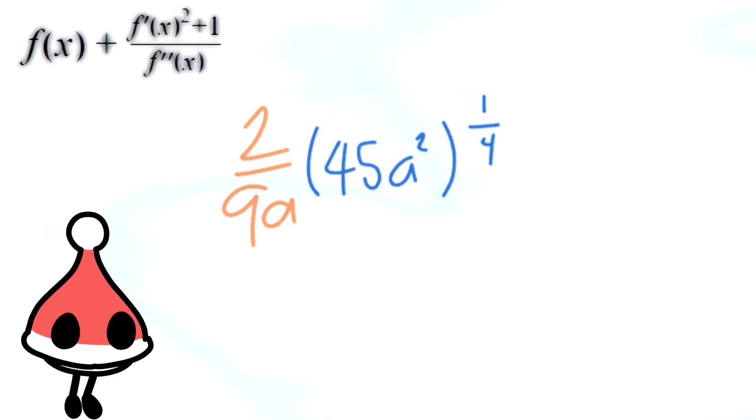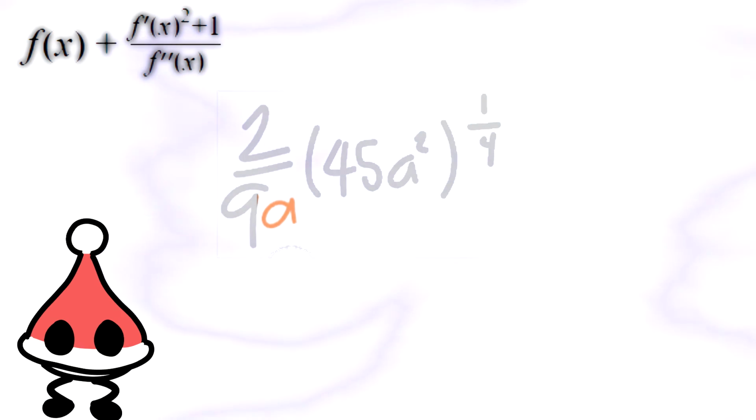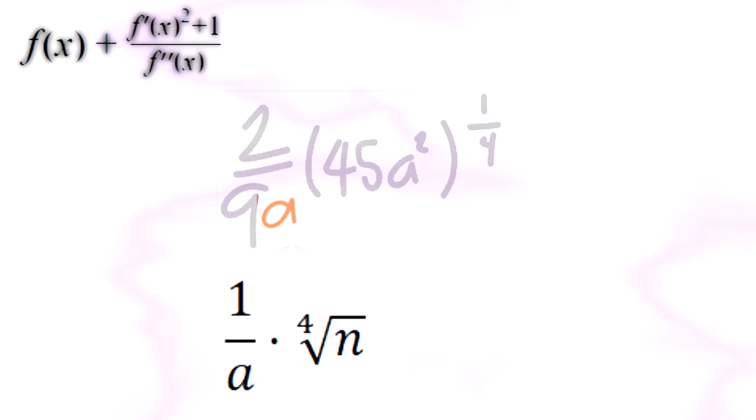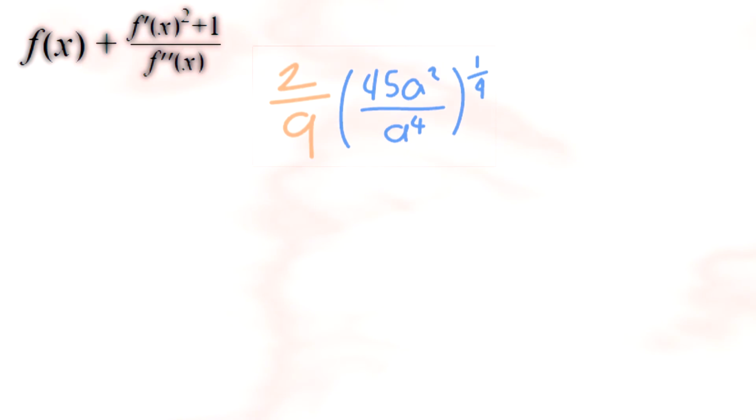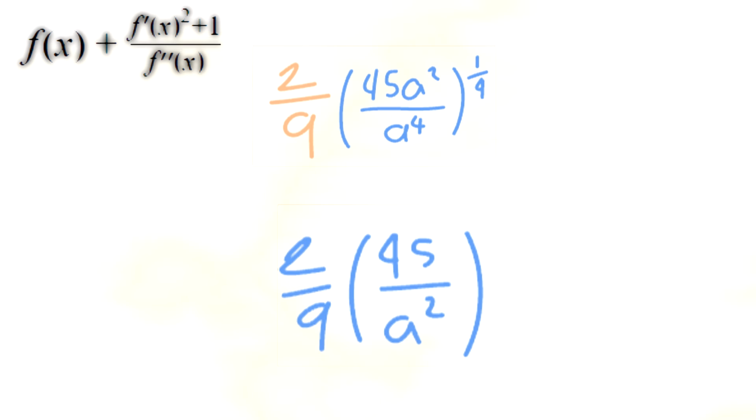Now, you may have a more simplified answer where the a gets included inside the root. So for an a outside the root, inside it's a to the 4th in the denominator. In conclusion, our answer would be 2/9 times 45/a squared to the power of 1/4.